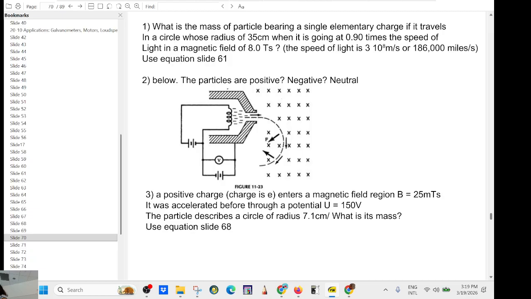The speed of light is 3 times 10 to the 8, over the charge, 1.6 times 10 to the negative 19. The magnetic field given is 8. Now you can do it. You isolate the mass.